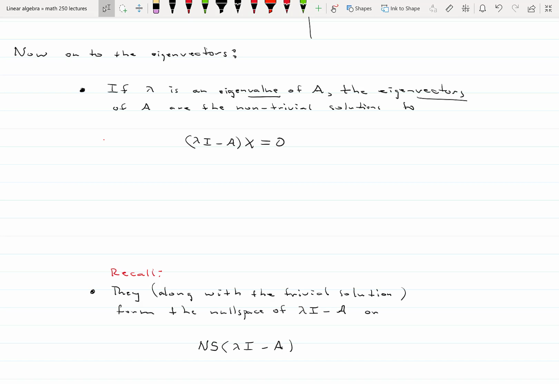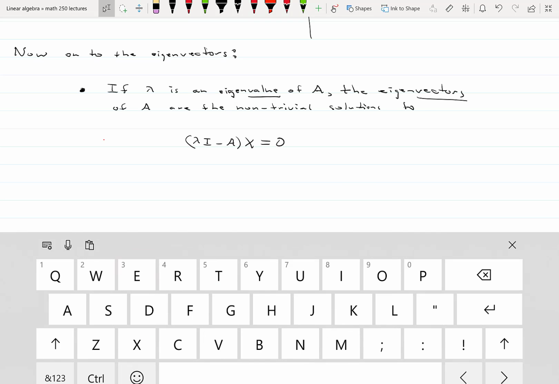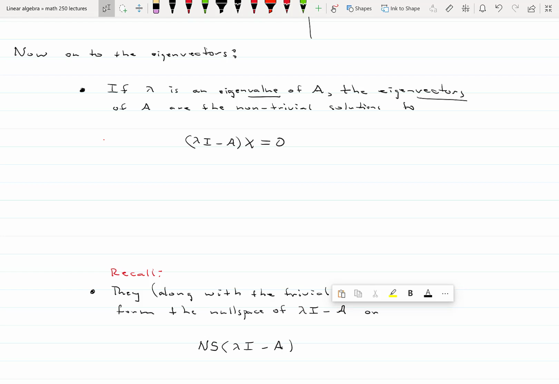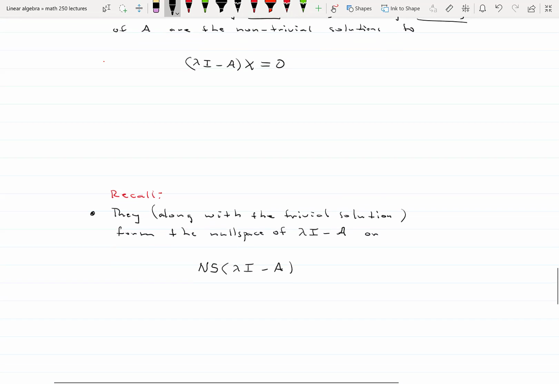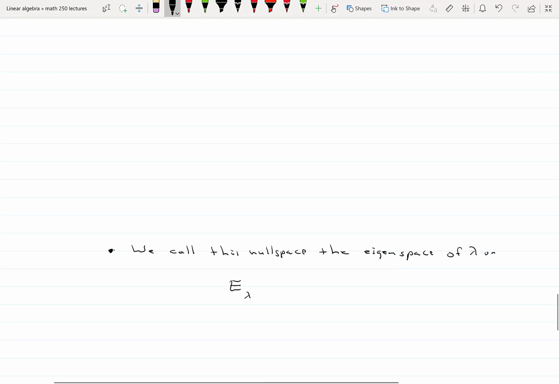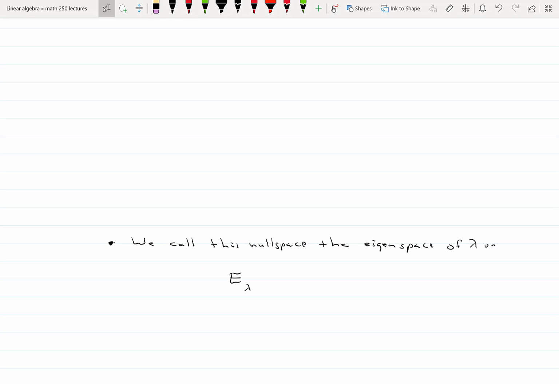So we're finding the null space of this new lambda I minus A. And remember, the null space is a subspace of R^n. So we call this null space the eigenspace.